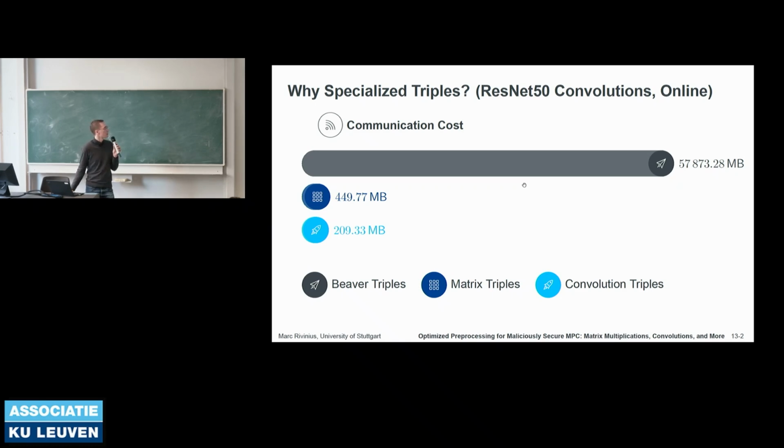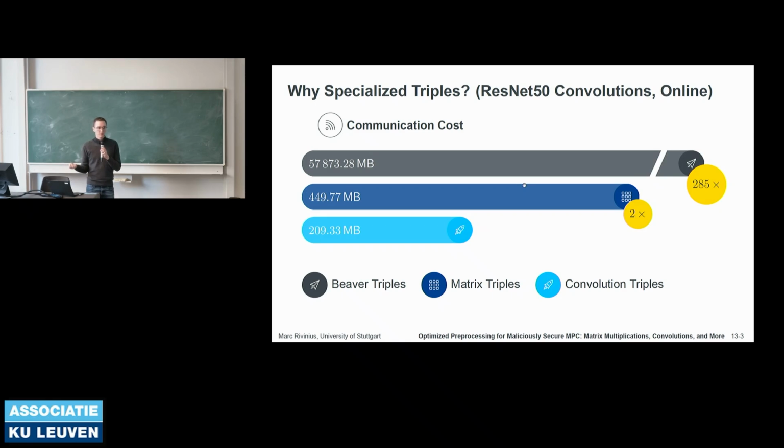You get almost 58 gigabytes of data the parties have to send. If you then represent the convolutions as matrix multiplications and use specialized matrix Beaver triples, you're at like 450 megabytes, and with the convolutions around 210.